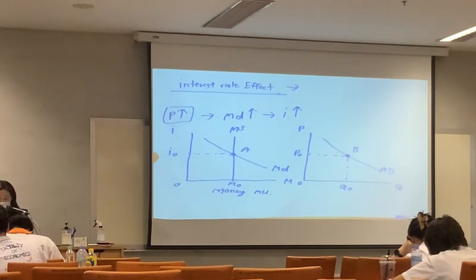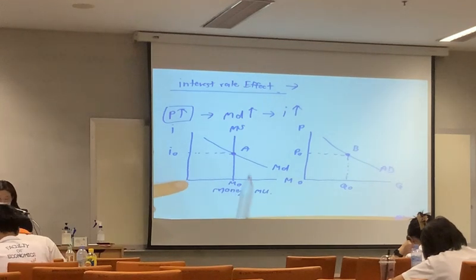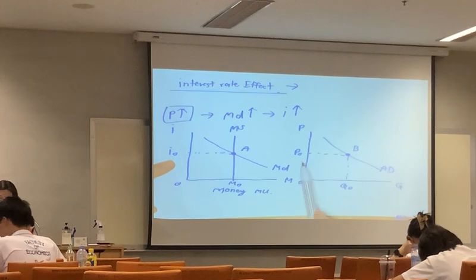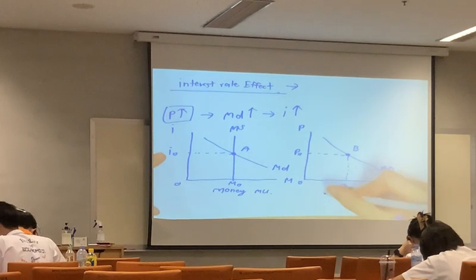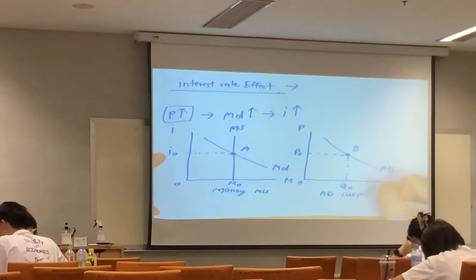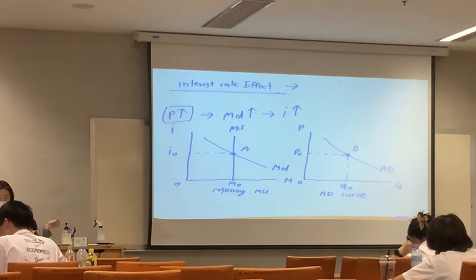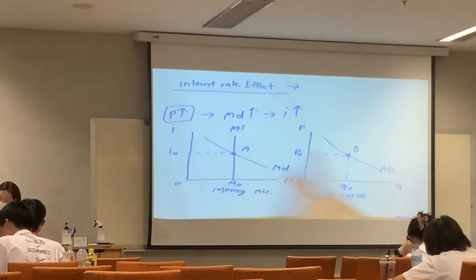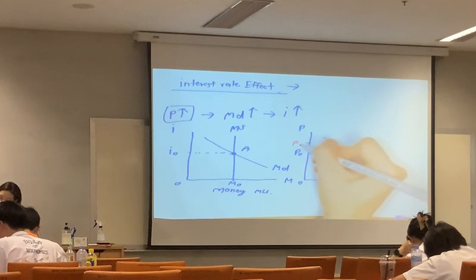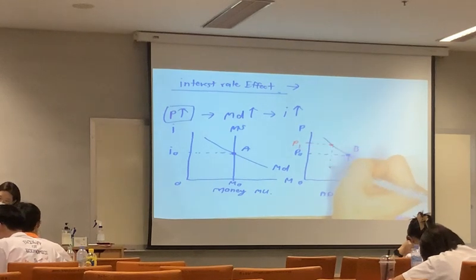At first, this is money market equilibrium at point A, with P at P0, Q0. Now, when price increases, for example from P0 to P1.